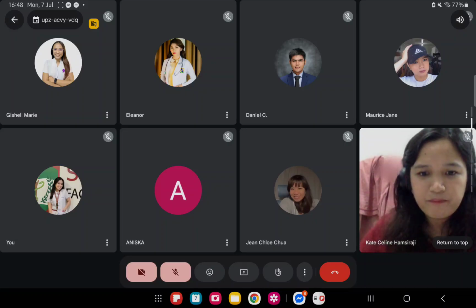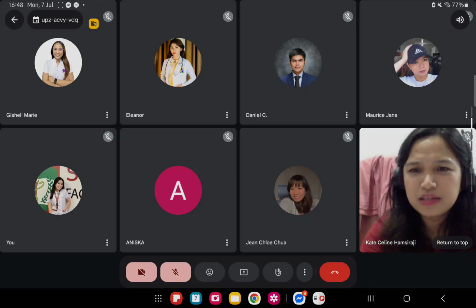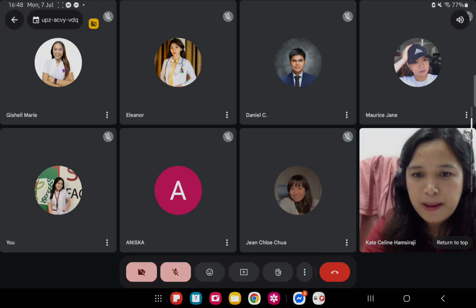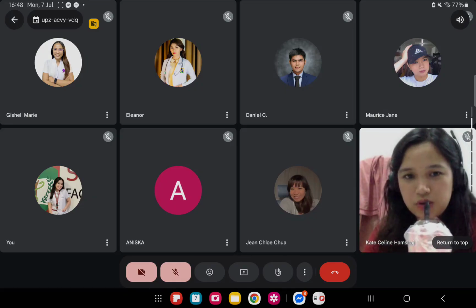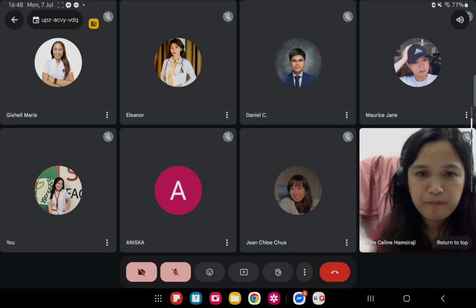For example, if we let the patient read the chart at 10 feet instead of 20, then we record it as 10/200.